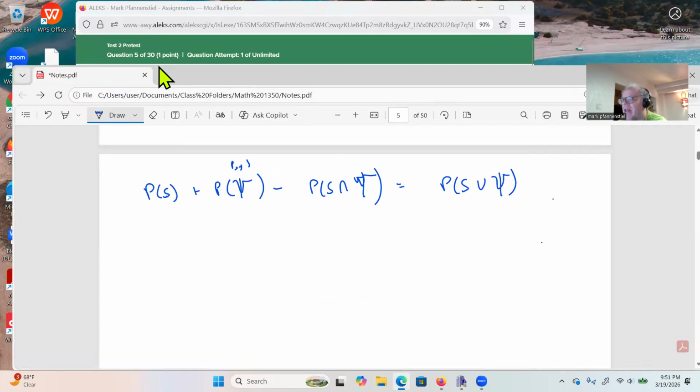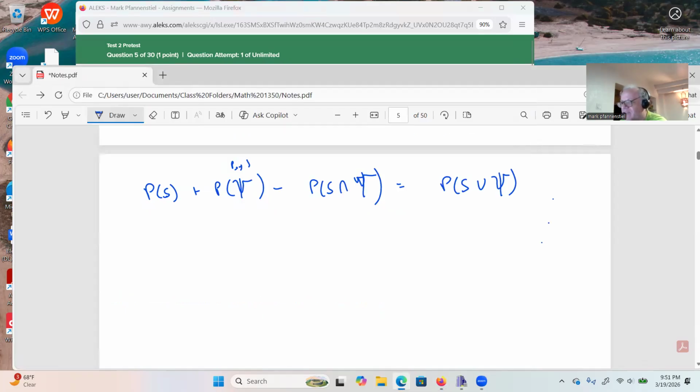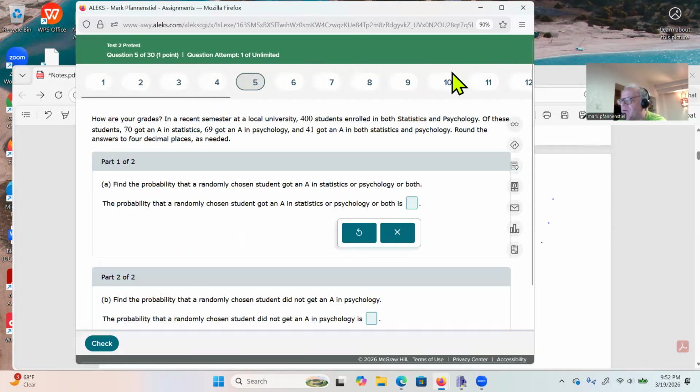So we can say, okay, what was the probability that they got an A in statistics? We're going to say that is 70 got an A in statistics. So we have 70 over 400 plus 69 over 400 minus who got the A in both of them.